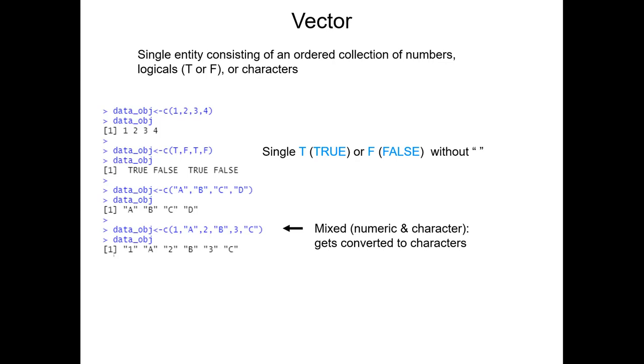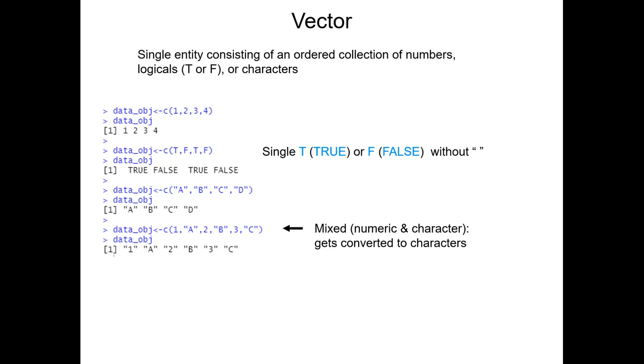Then you can have logical vectors, which are essentially just true false values. And even though it's a character, you just put in T or type the word true, or F or type the word false for true and false statements. And then if you look at that object like I'm showing, it shows you what those represent: true, false, true, false.